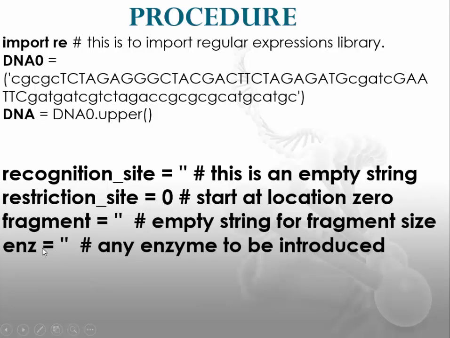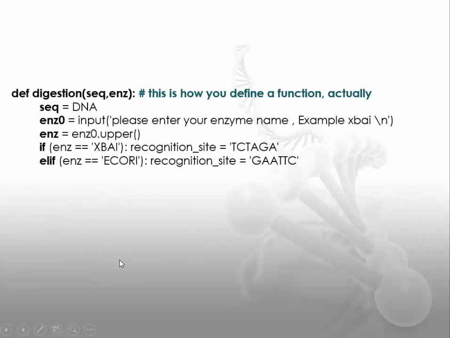Right, so I'd also need to have another variable that is the enzyme variable to hold the enzymes that could be used to digest the DNA. So I have to define a function in order to perform the digestion properly. In order to do that, we have to declare the initiation of the function.